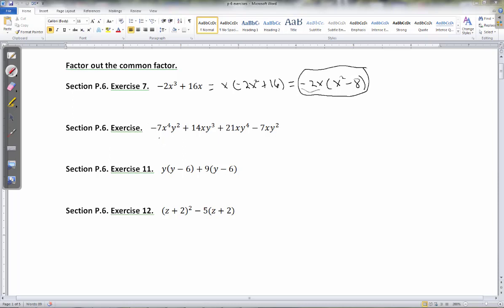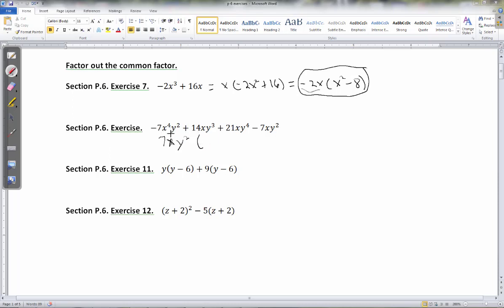We have a 7. We have at least one x in everything. And we have at least 2 y's in everything. So that will be my GCF.